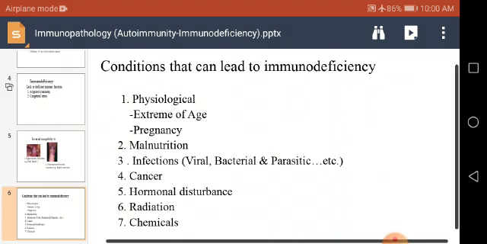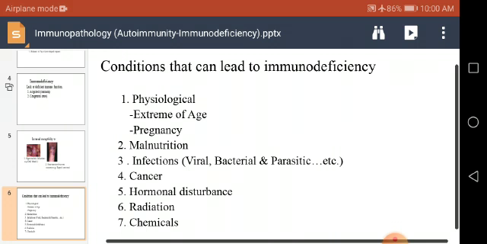Number two, a main cause, malnutrition. So nutrition is very important in development of good immunity. If for a reason or another there is lack of nutrients or inability to utilize them, immunodeficiency may occur.